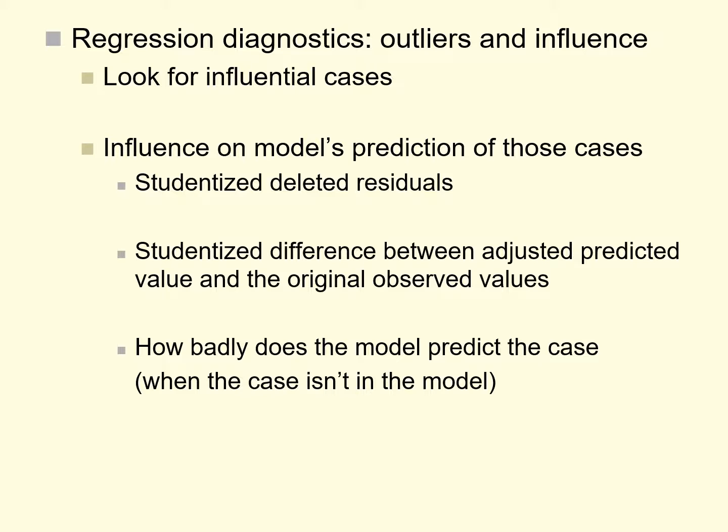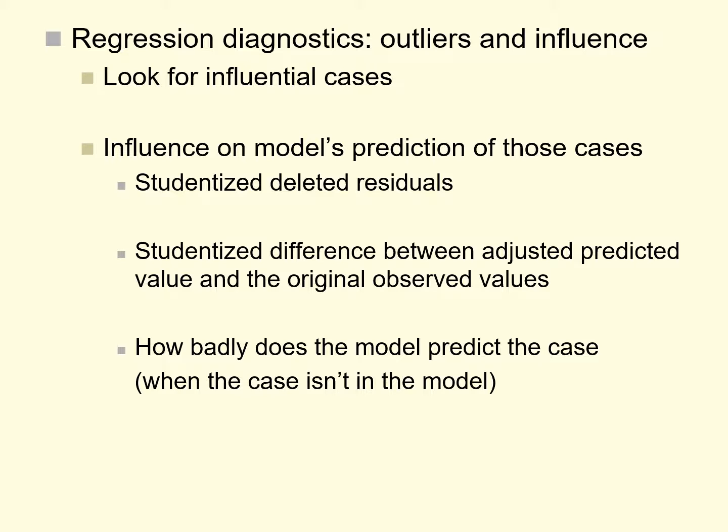So for instance, we can look at studentized deleted residuals. You may recall that these are standardized, or technically studentized, differences between the adjusted predicted value and the original observed value for each case. So we'll get studentized deleted residuals for each of the cases in our data set. Essentially they're giving us a sense of how badly the model predicts a case when the case isn't in the model.